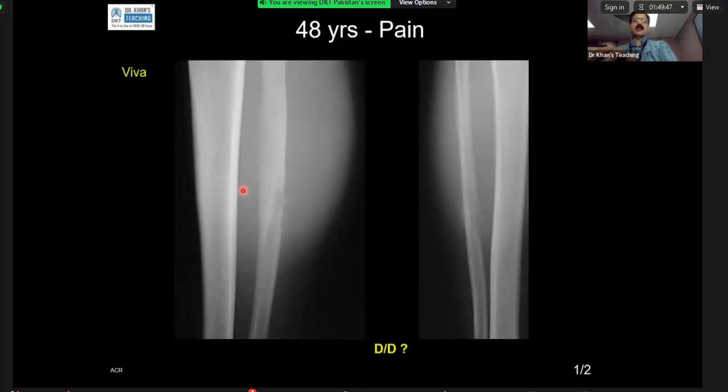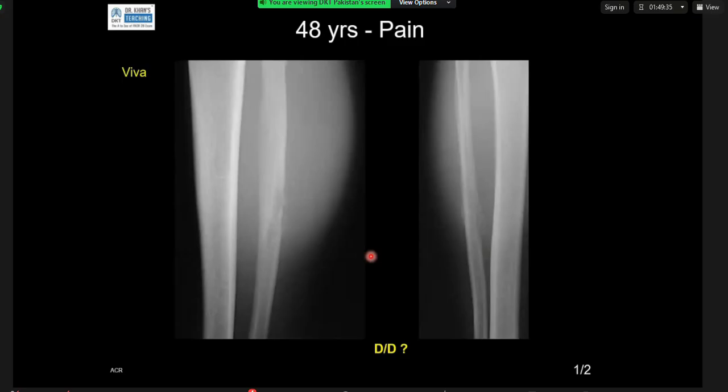Okay, candidate, this is candidate 3. So, aggressive or non-aggressive lesion, what do you think? Aggressive lesion. Describe it for me, please. Ill-defined lytic lesion involving the mid shaft of the fibula with a wide zone of transition and adjacent interrupted periosteal reaction in the lateral aspect and also in the medial aspect.